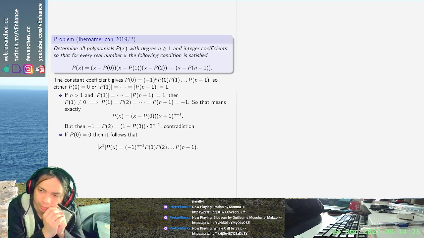Okay, so what do I do in the case when p of 0 is equal to 0? What if I differentiate?